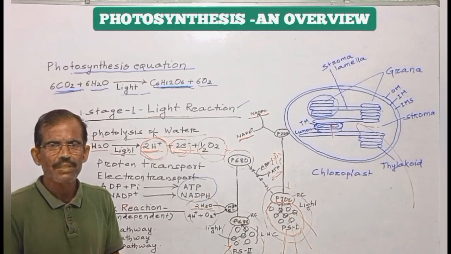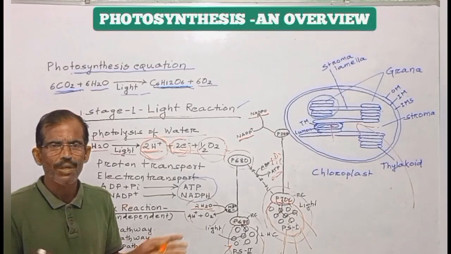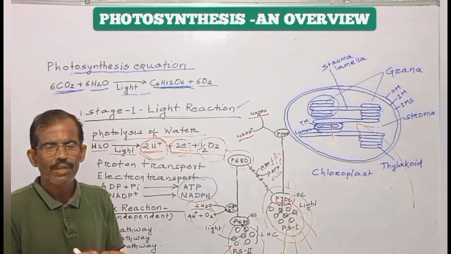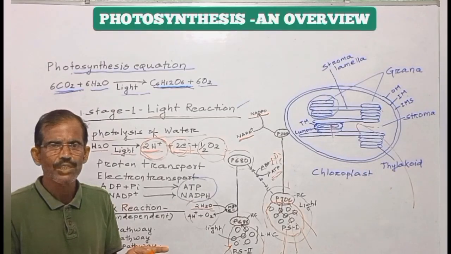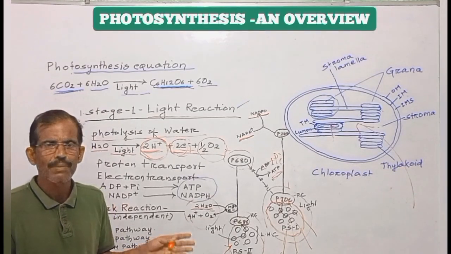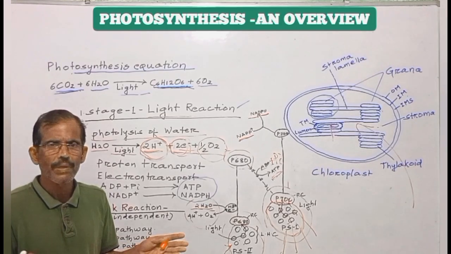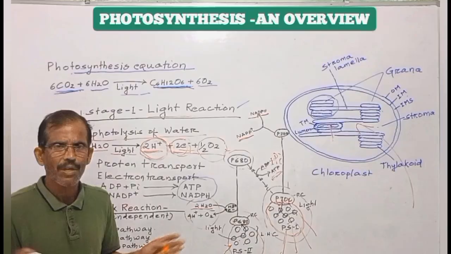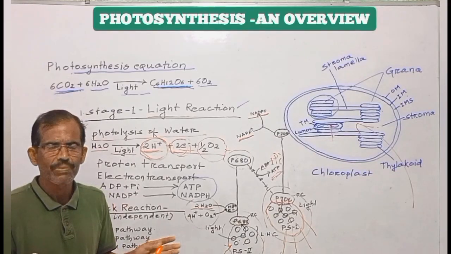Dark reaction doesn't mean that this process occurs during dark at night. The dark reaction also takes place during daytime, independent of light, because NADPH, which is required for carbon dioxide reduction, is short-lived.